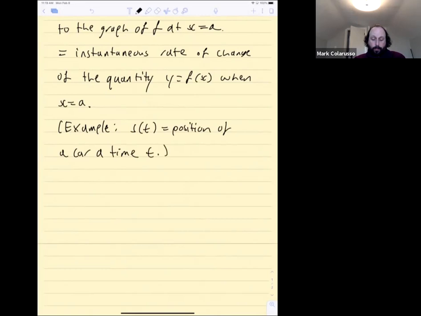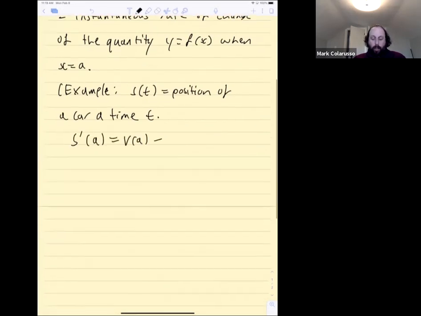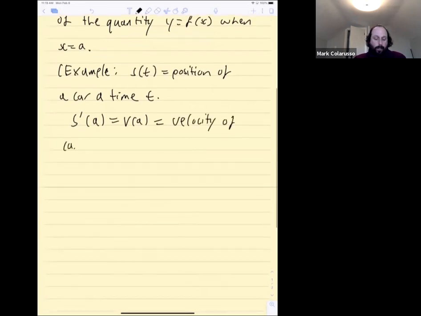Then s prime at a is the same thing as the velocity at a. So this is the velocity of the car at t equals a, and that is the instantaneous rate of change of the position of the car at that moment, t equals a.